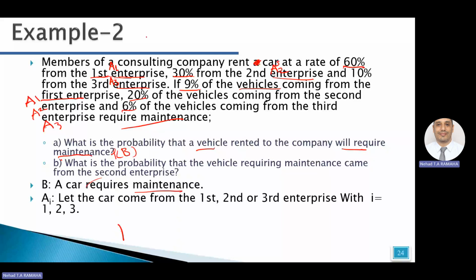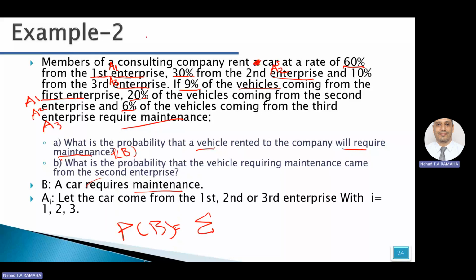So the probability of the car needing maintenance equals the summation of the cars coming from company 1 needing maintenance, and cars from 2 needing maintenance, and cars from the third company needing maintenance, multiplied by the probability of every class.